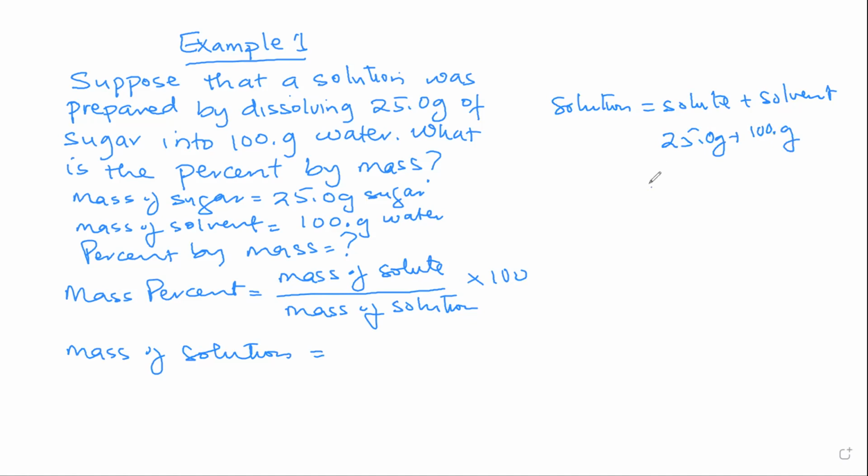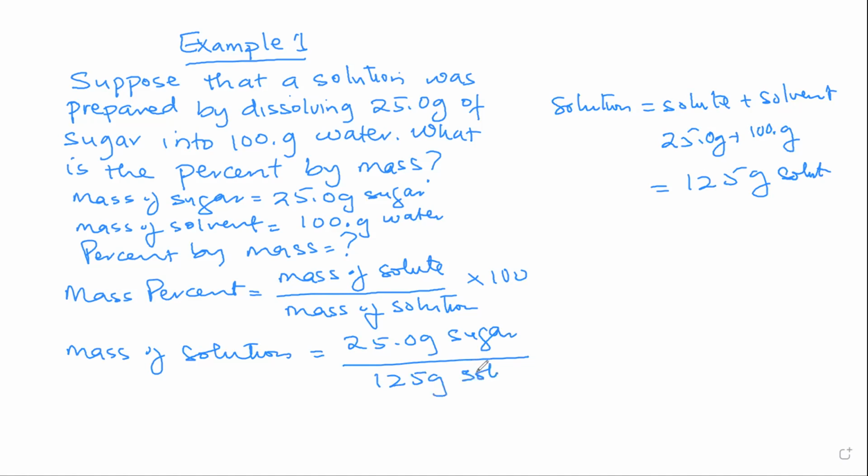So that will be 125 grams of solution. So mass of solute, 25.0 grams of sugar, over 125 grams of sugar solution, times 100.